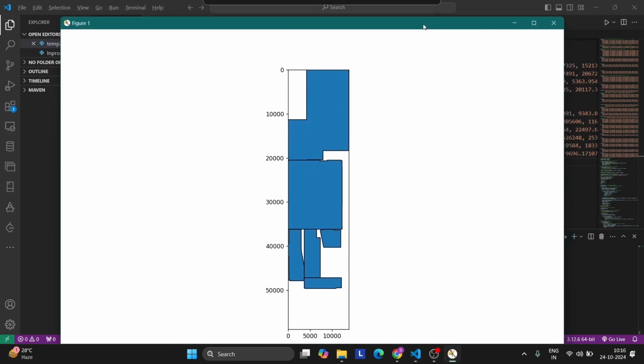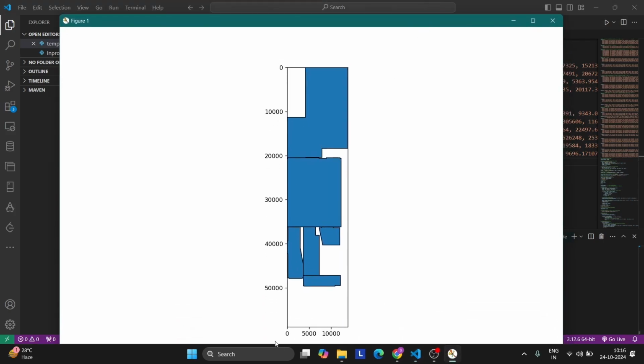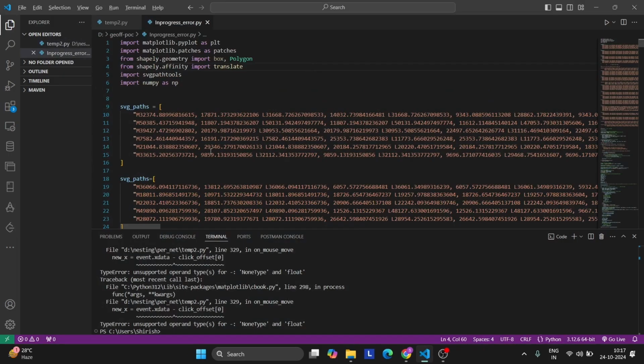Okay, so let's see. This is not the best packing. We are talking about polygon number one, two, three, four. If the fourth polygon is moved to the upper side like this, and the last polygon, this one right here, is also moved, this is our best case because the unused space area is less, and if we pack the polygons this way, the cost is also reduced.